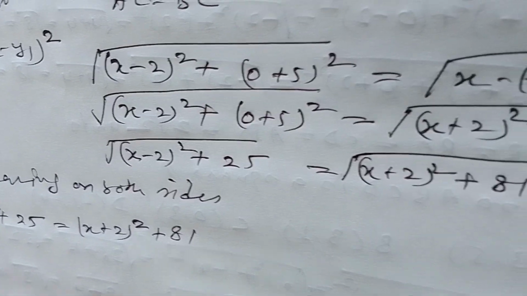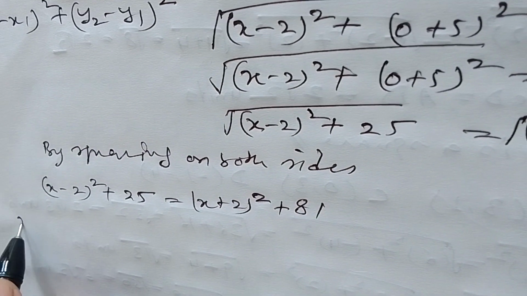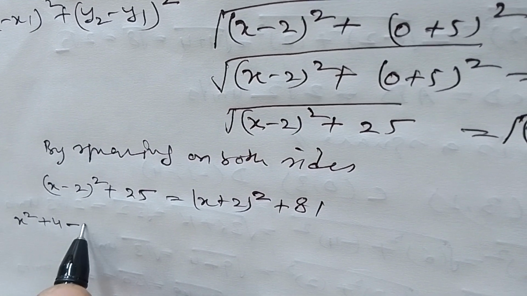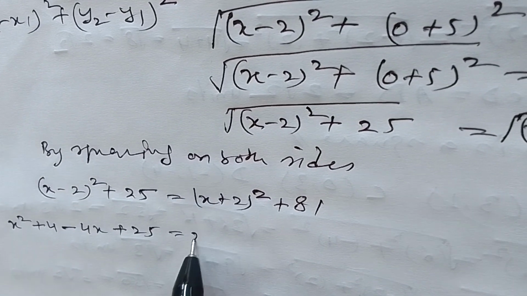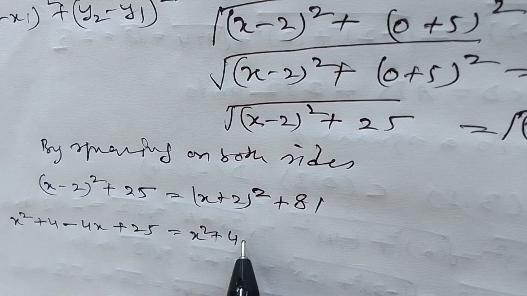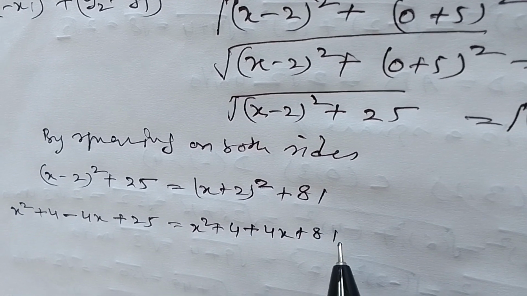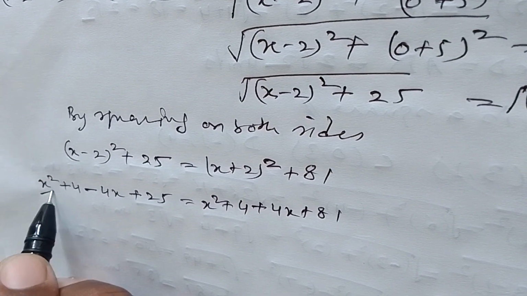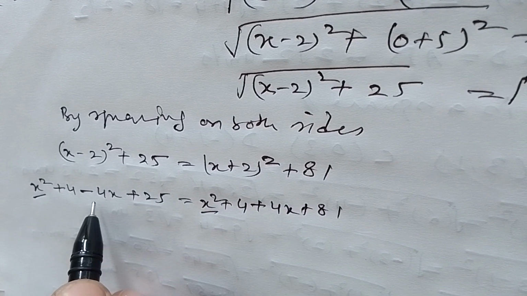So now we will open the brackets: x² + 4 − 4x + 25 on the left side, then x² + 4 + 4x + 81 on the right side. So here some terms will be cancelled, like x² is cancelled, and some terms will add up.